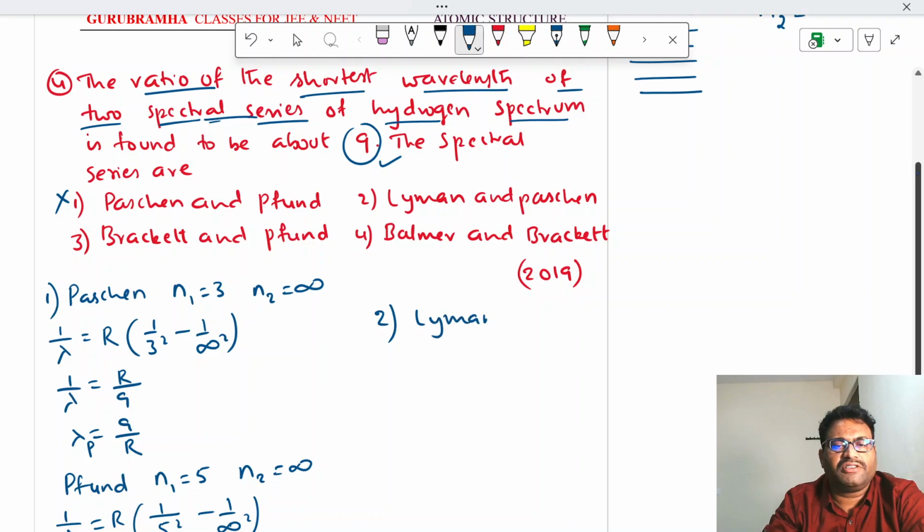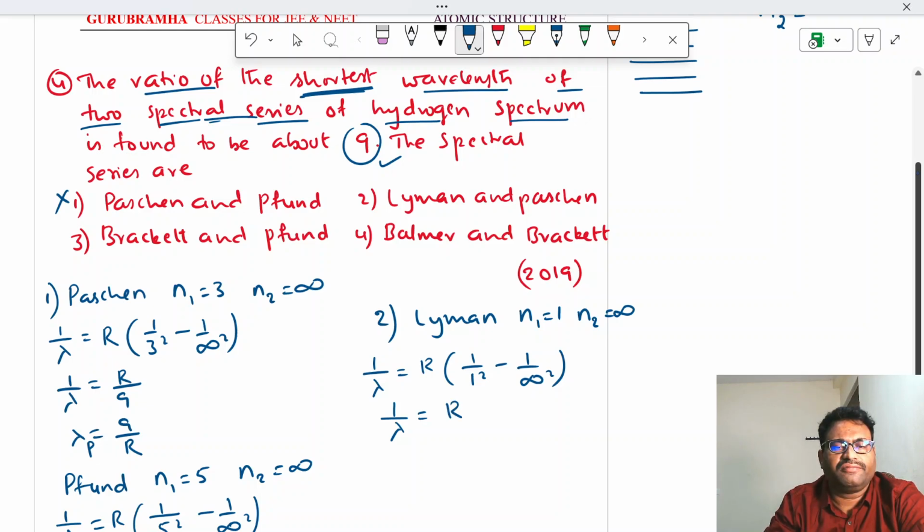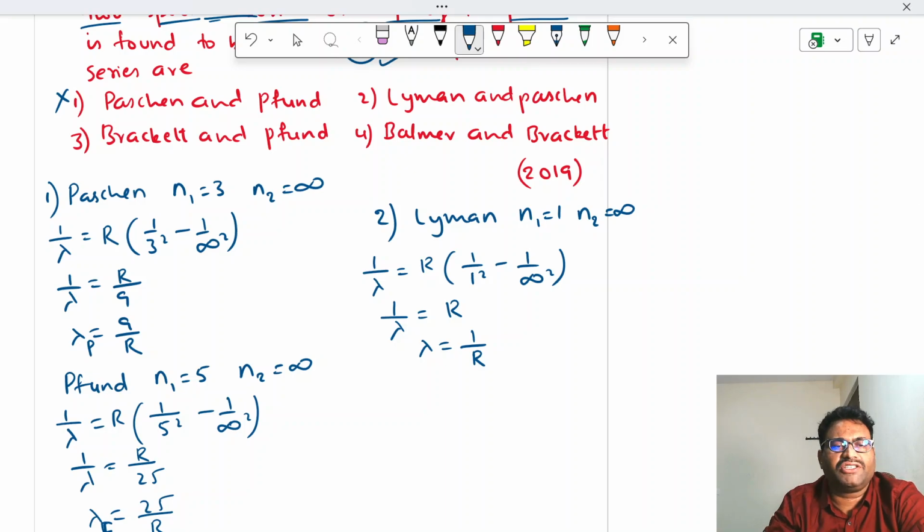Next, Lyman series. N1 is equal to 1, N2 is equal to infinity, because asked is shortest wavelength. Then 1 by lambda is equal to R into 1 by 1 square minus 1 by infinity square. So 1 by lambda is equal to R. Lambda is equal to 1 by R. Next, the Paschen series is asked.